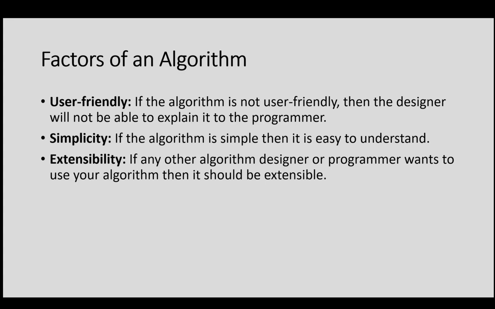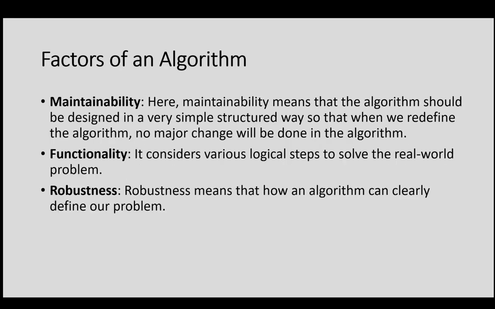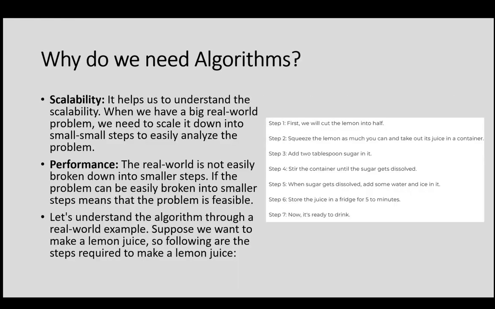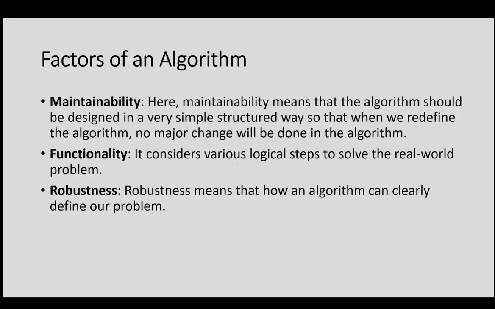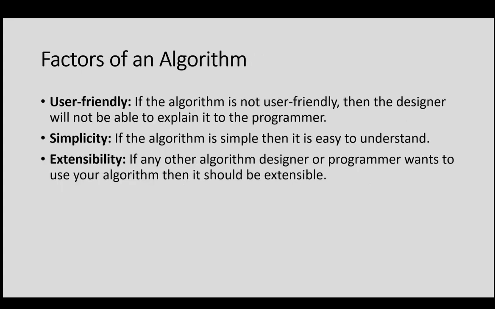Then we saw language independence as part of the characteristics of an algorithm. Then we saw the data flow of an algorithm: a problem will be there, we develop an algorithm, we give input, it goes to the processing unit, and at the end it gives us the output. Then we have seen the factors of an algorithm, correct?